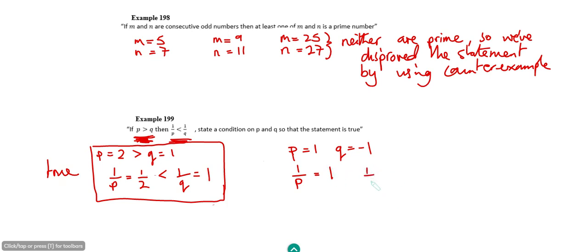And 1 over Q is 1 divided by negative 1, which is negative 1. So this time we've actually got that it's the other way around. It's greater than. So 1 being greater than negative 1. And that is a counterexample to this.